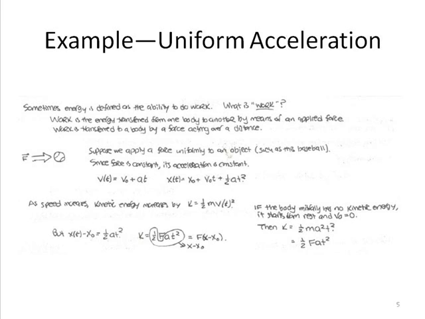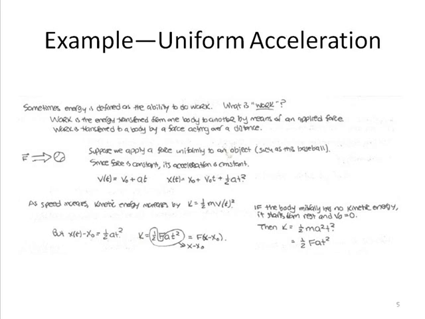Remember, we already said that the initial velocity v0 is equal to 0. So if we substitute this into the equation, we have the kinetic energy K is simply equal to the force times the displacement. This is what we define as work.